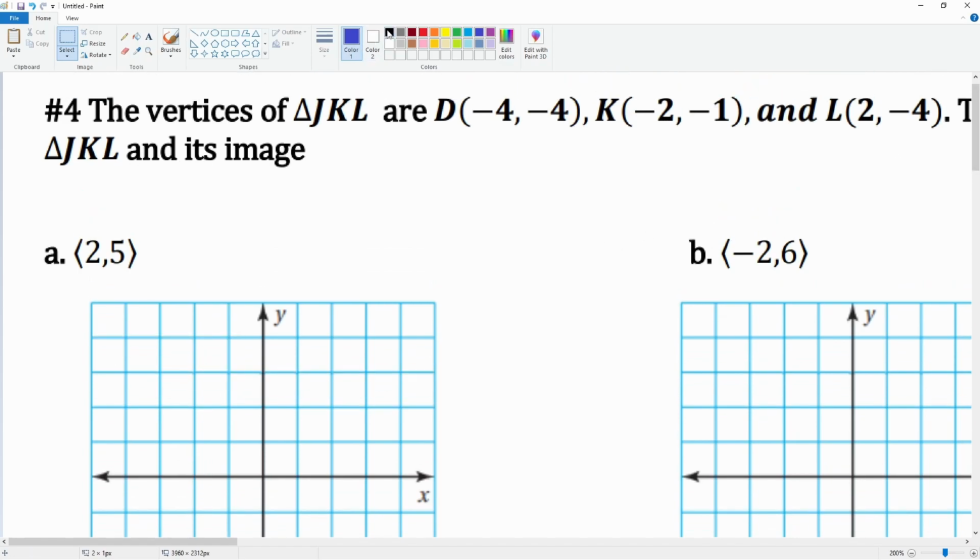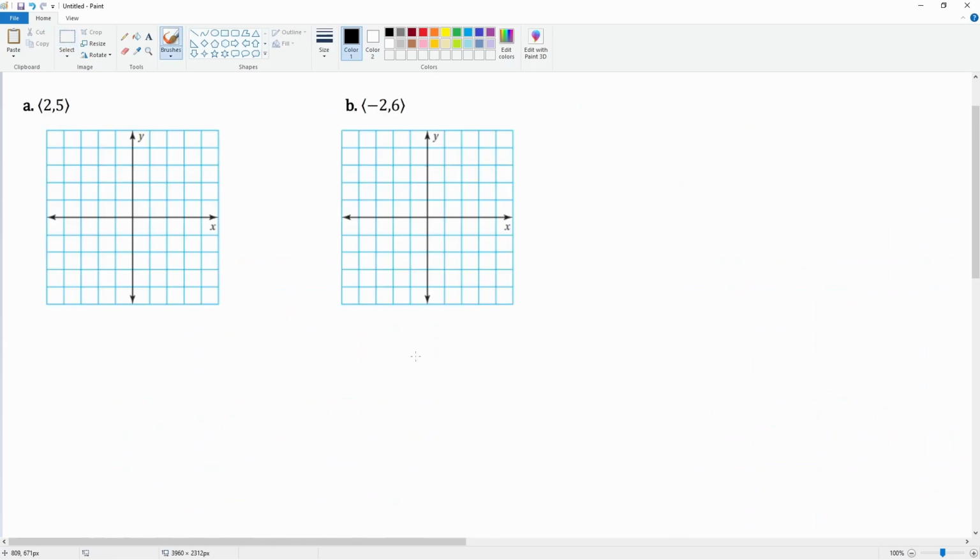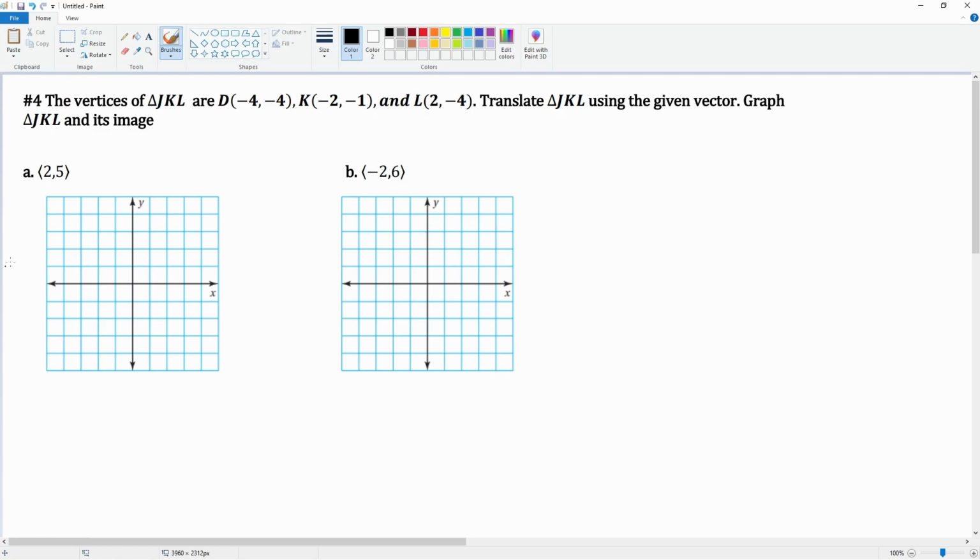So J is at the point -4, 4. So that is negative 1, 2, 3, 4, and 1, 2, 3, 4. So this is where J is. Then we have K, which is -2, 1.